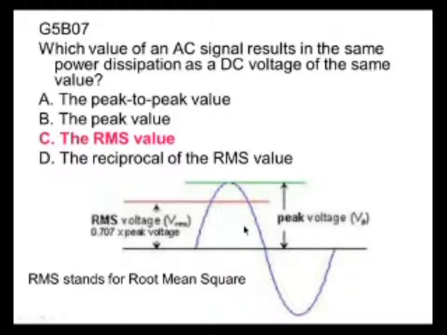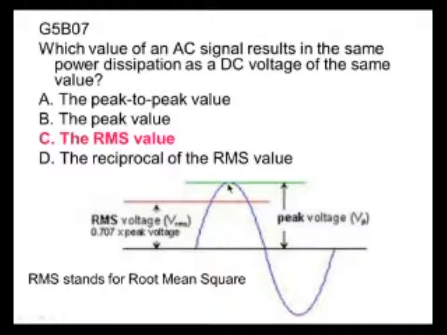Now, as you can see, if we had direct current, we would have a current here that remains stable above the 0 line. But with alternating current, we don't have that. And to figure out what the actual power dissipation, or the heating value, of the alternating current would be, we have to find this voltage right here, which is the root mean square voltage, RMS voltage.